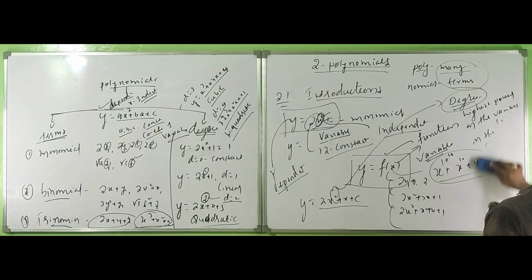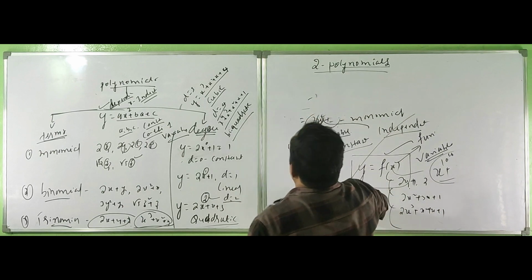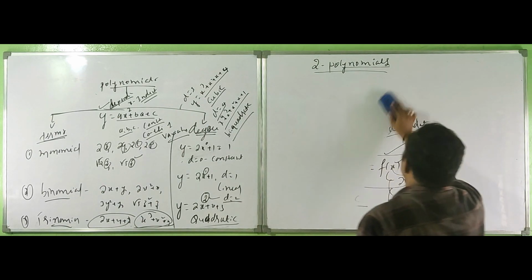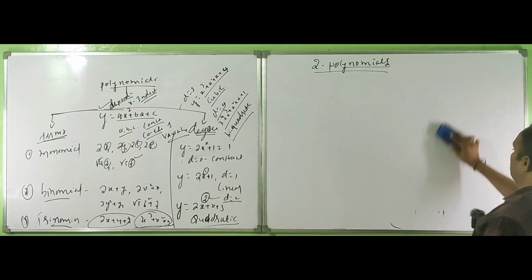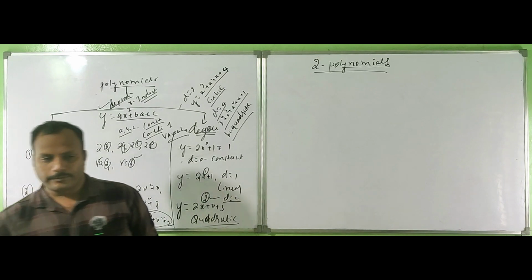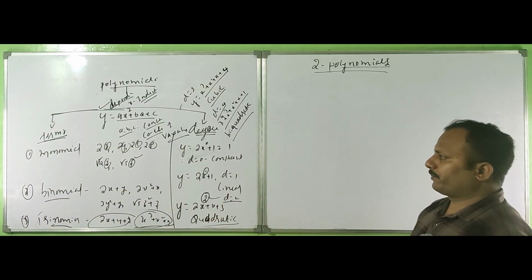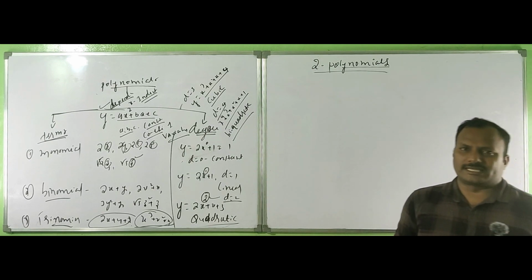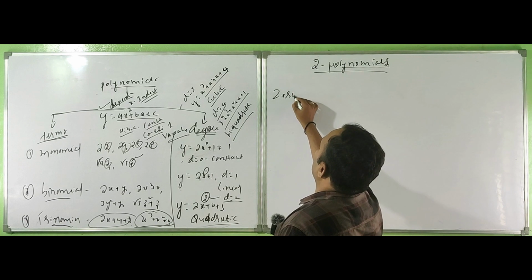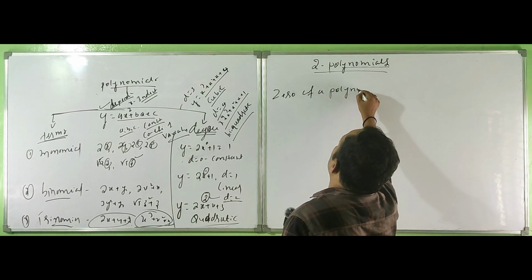Then we will go to the geometric meaning. Zeros of a polynomial. These are 9th class concepts, but still many students don't know the basic things.